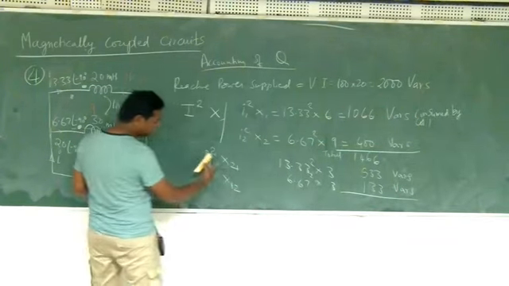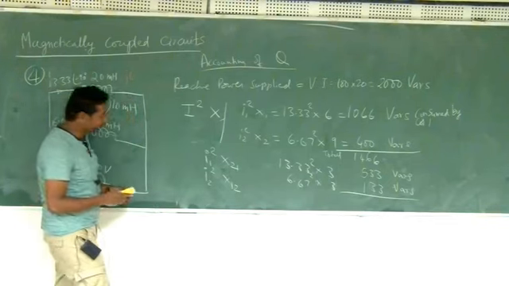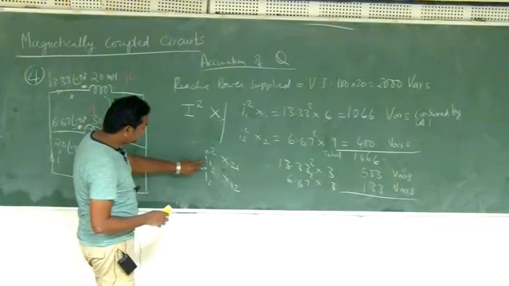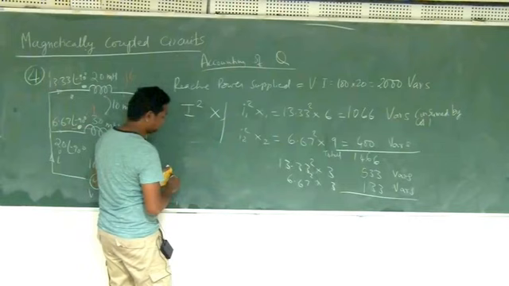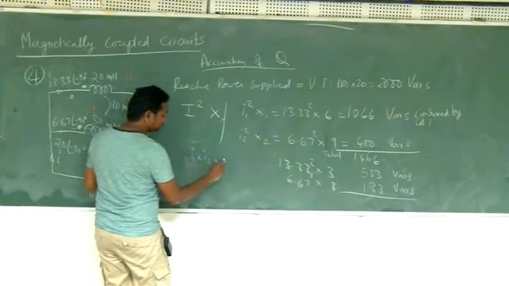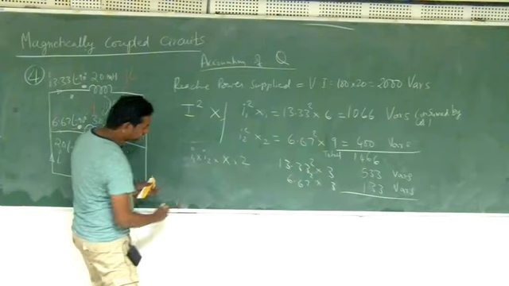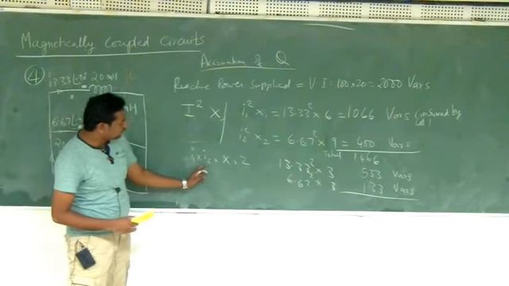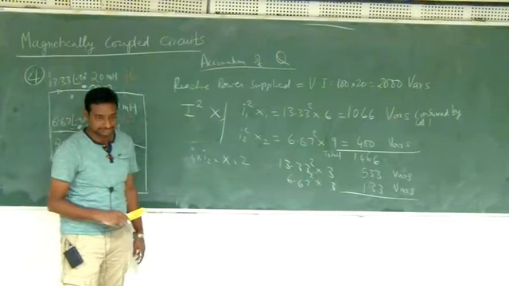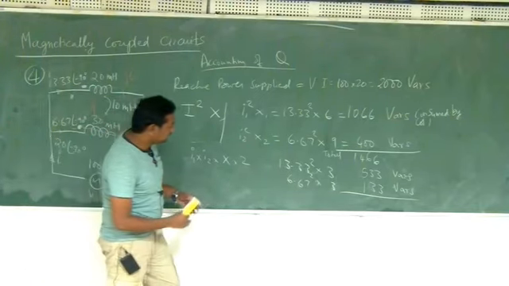It's not I1 square into X21 or some other more complex formula. I think it is I1 into I2 into X into 2. Try this combination. Not individually squaring.